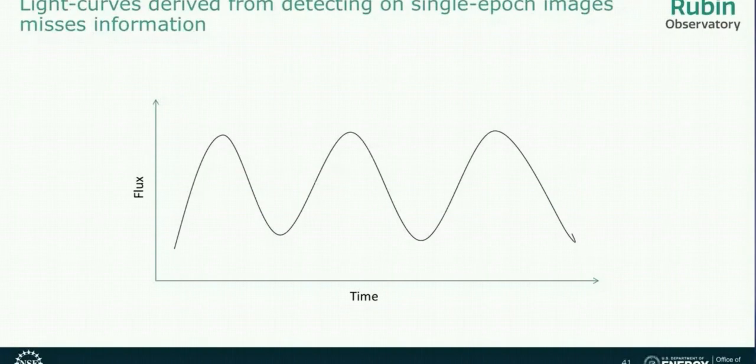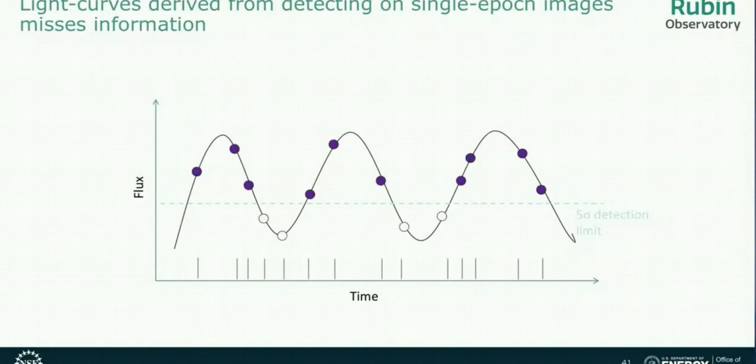The problem with this is that if you have a source that is hovering around the detection threshold, sometimes it's above the detection threshold and is detected. Sometimes it's below. And if only the observations where it's above the detection threshold appear in your catalog, once you match these and take the mean, your estimate is going to be biased high and your light curve is going to be incomplete.